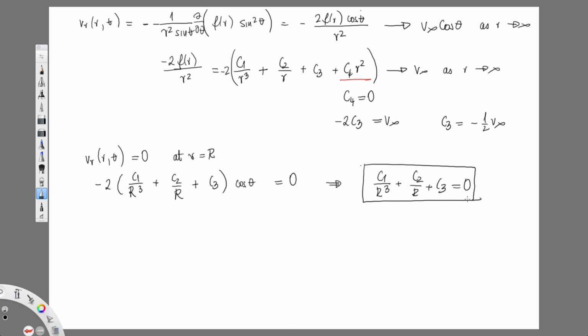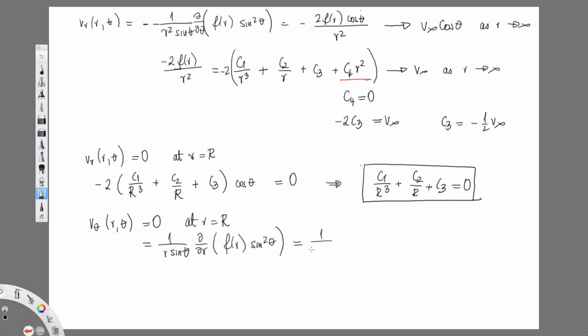I need one more equation for c1 and c2, and I'm going to get it with v theta at r equal to R. So this is my first boundary condition, second boundary condition, and third. So v theta is 1 over r sine theta times the partial r of f of r sine squared theta. So you have to take a derivative of f of r.